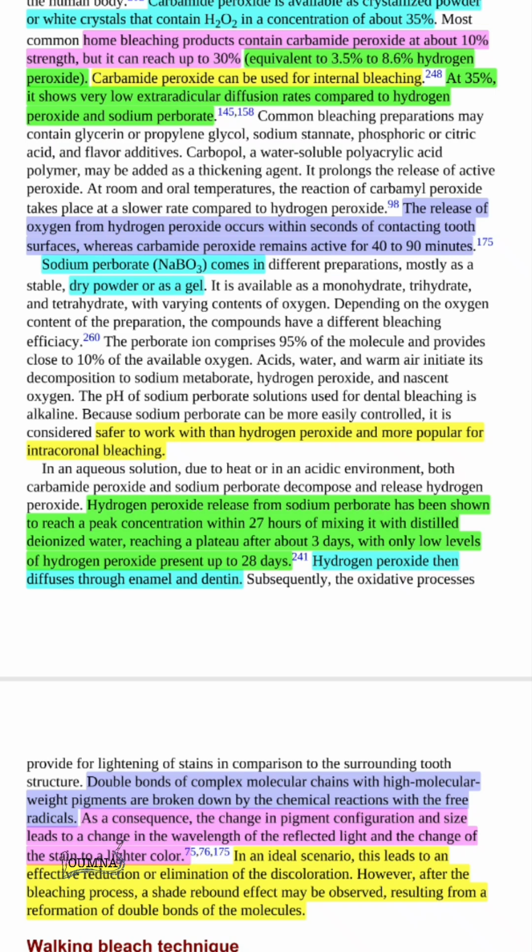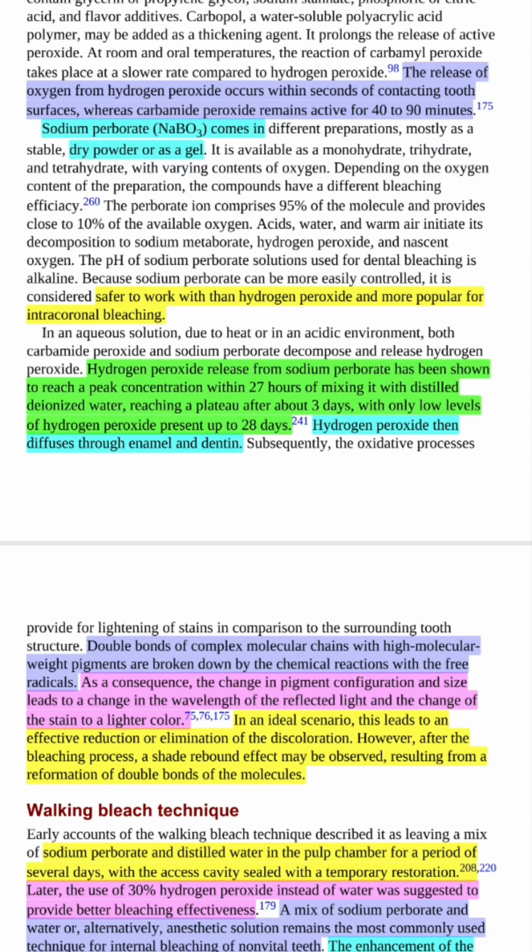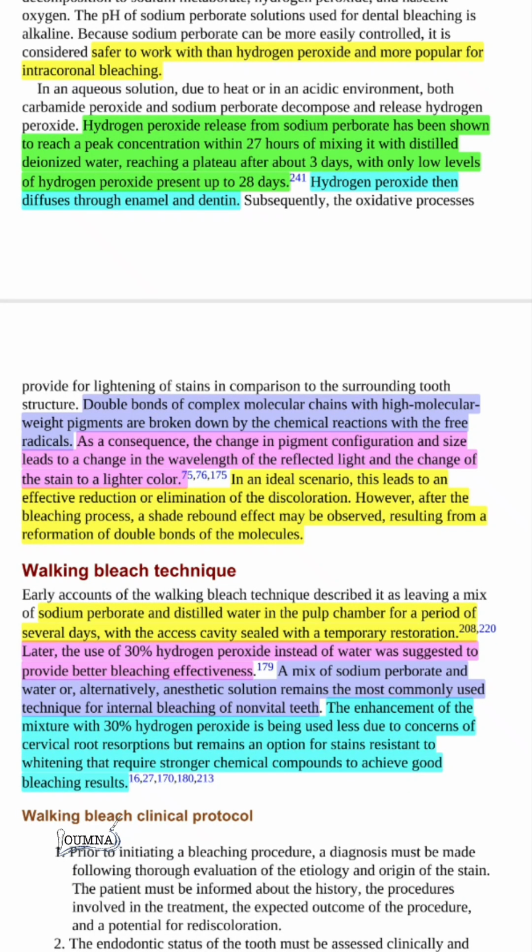As for sodium perborate, it comes as a dry powder or a gel because it is safer to work with in comparison with hydrogen peroxide, so it is so popular in the intracoronal bleaching or the walking bleach. Some rebonding can happen of the pigment molecules, and we may have a discoloration again, but it is subject to the duration and to many other circumstances.